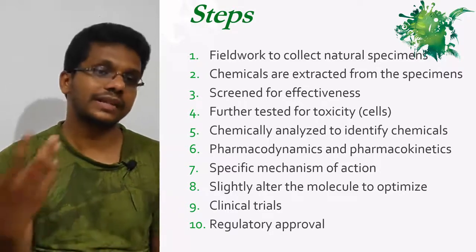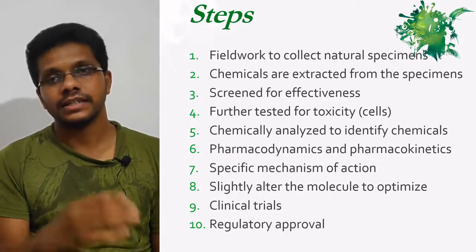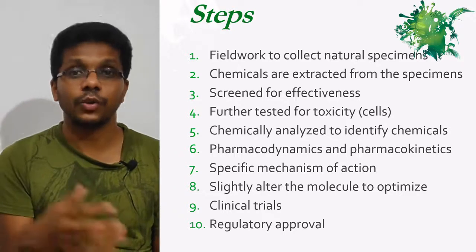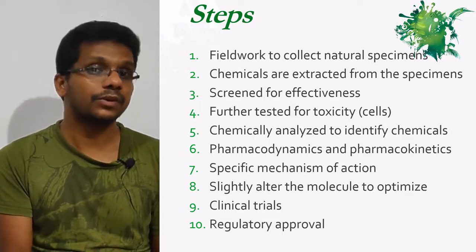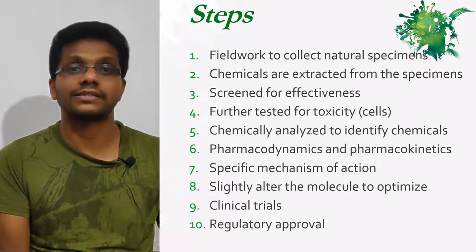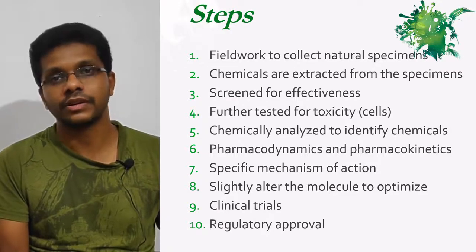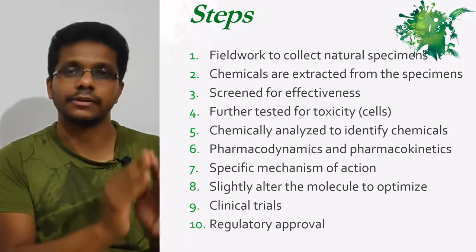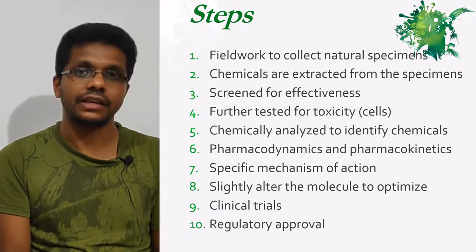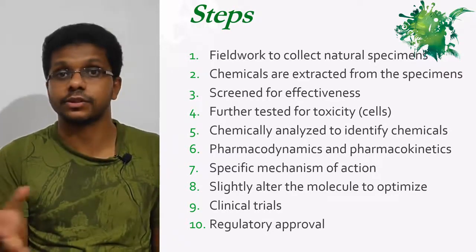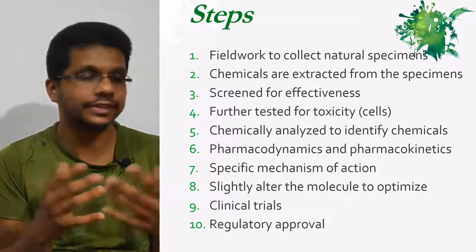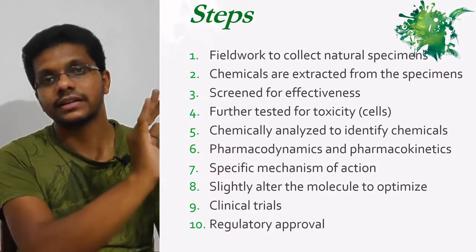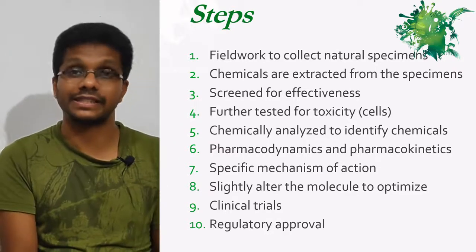Most of the time, people look to traditional or indigenous knowledge to assist this specimen collection. We cannot study all plants in the globe. We can only study a limited number of plants for industrially useful activities. We cannot screen all microorganisms because microbial diversity is so huge. So we limit our investigation to a limited number of specimens and samples.